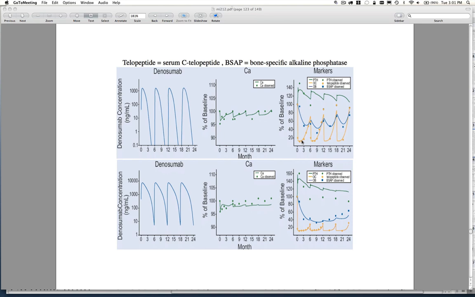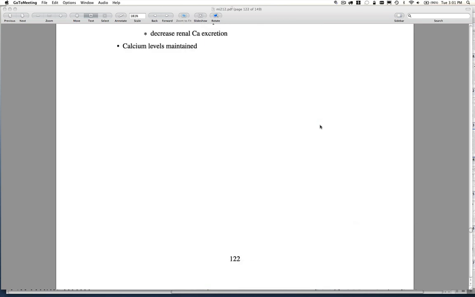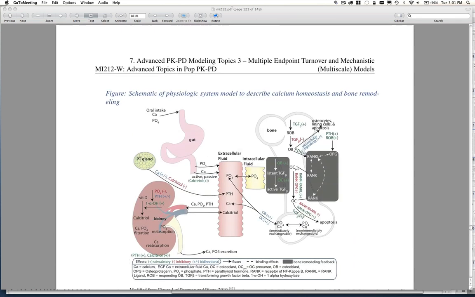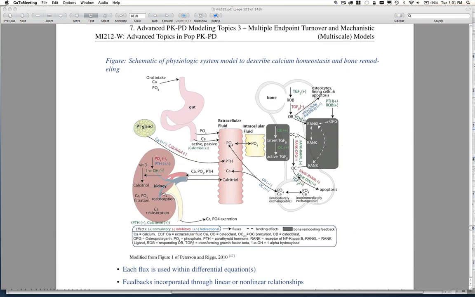The yellow here shows the decreases in osteoclast markers, and in blue, the decreases in osteoblast markers. Now, these decreases in osteoblasts occurred because osteoclasts are actually responsible for the conversion of latent TGF-beta into its active form. When you decrease osteoclasts, you decrease the amount of active TGF-beta, and that feeds back and alters the amount of osteoblasts that differentiate.